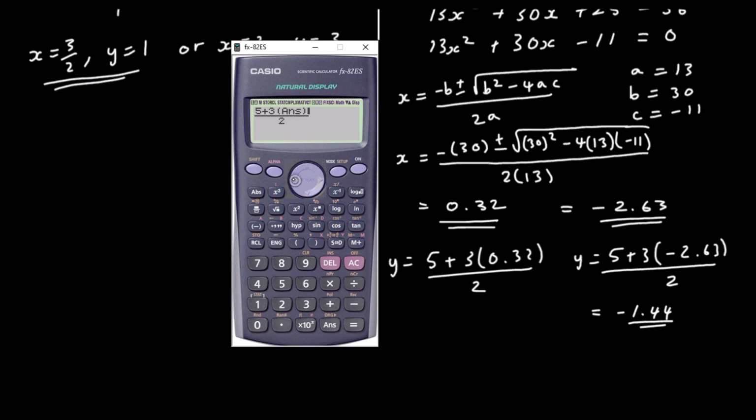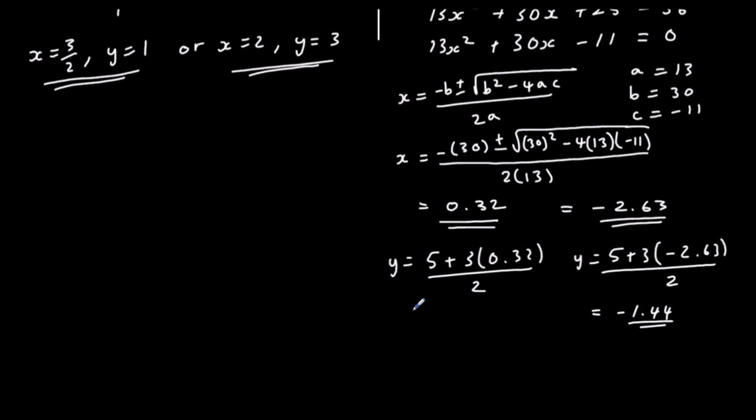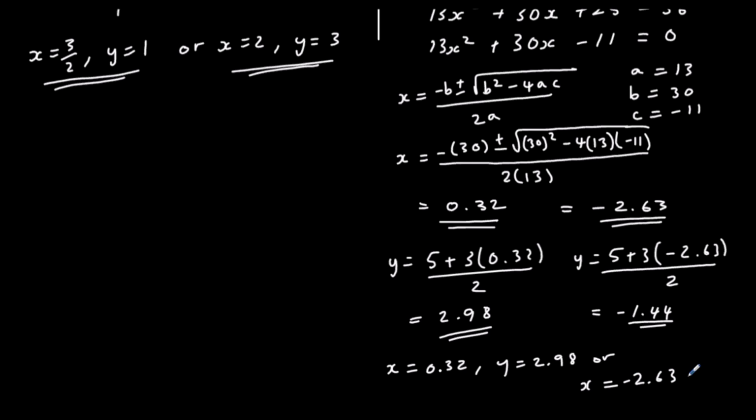And if I change answer to my saved value, my 0.32, I get 2.98. So we have x is 0.32 and y is 2.98, or x is negative 2.63 and y is negative 1.44.